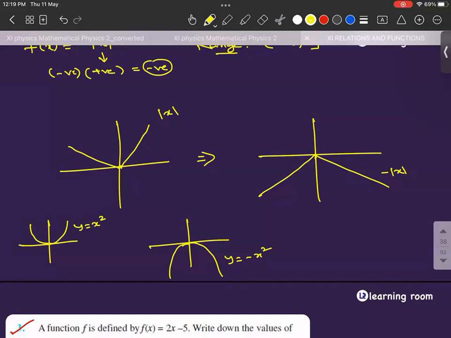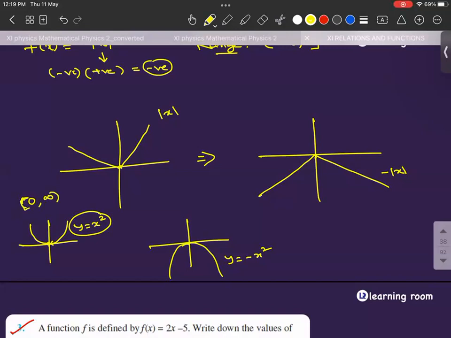Yes, sir. If you observe, I'm telling you the graphical method because the graph will help us find the range faster. So if you observe the graph, what is the range of y is equal to x square? The range of y is equal to x square is 0 to infinity. How did I tell that?